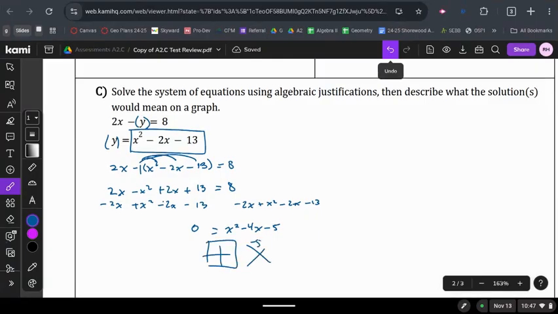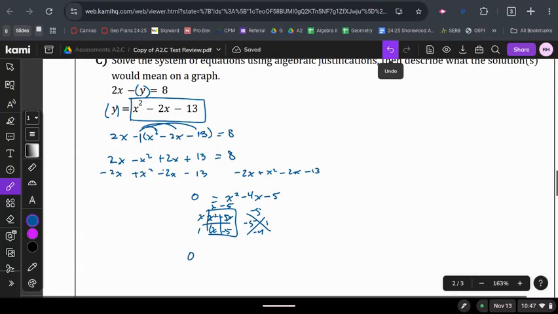And I get my negative 5 on top, negative 4 on the bottom. That's negative 5 and 1. So that's negative 5 down there with the x squared up there, (x minus 5)(x plus 1). So my two solutions are positive 5 and negative 1.